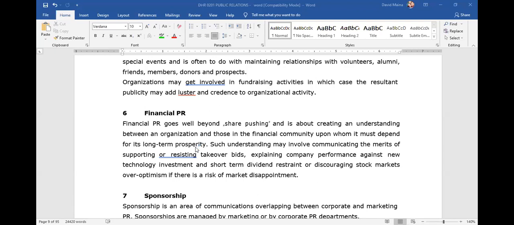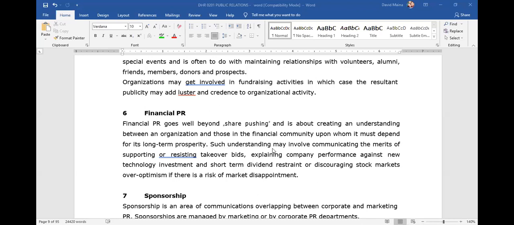So why do we have to put our financial statement in the newspaper? It is for our publics to see. The publics are the people who have invested with us, and also to attract other investors. You are trying to tell people that we are doing very well. Come and join us. Investors, come and join us. That is why financial PR is conducted.